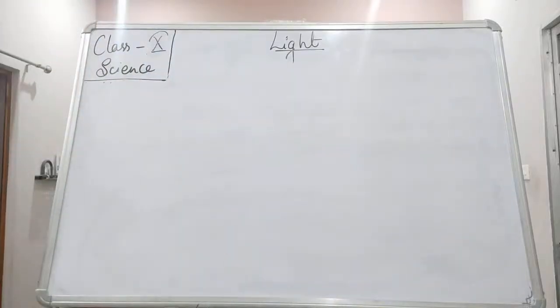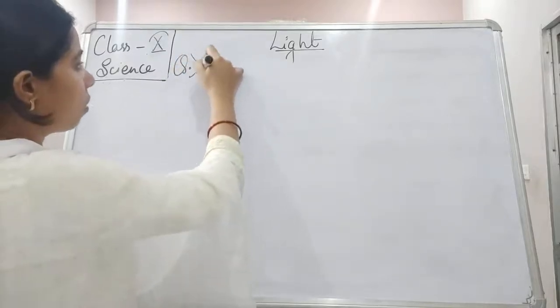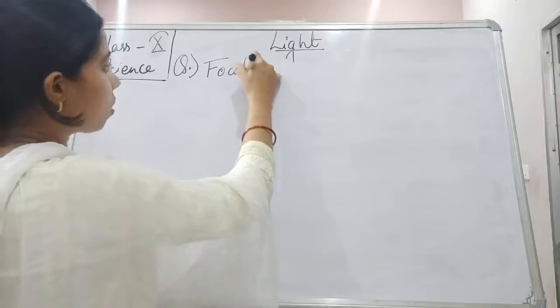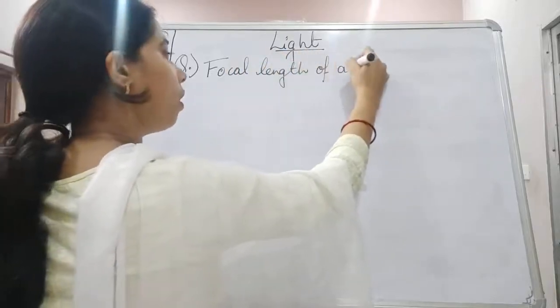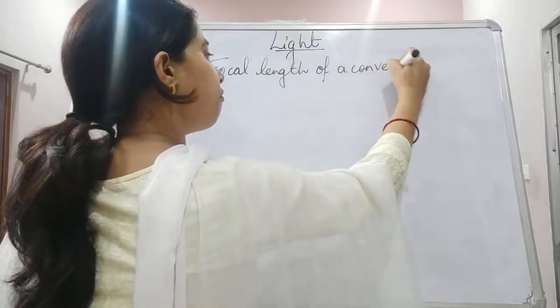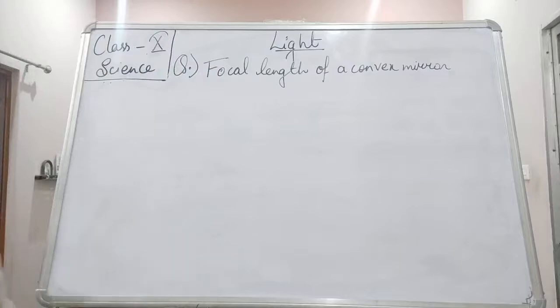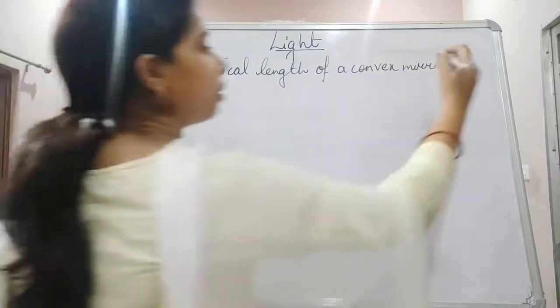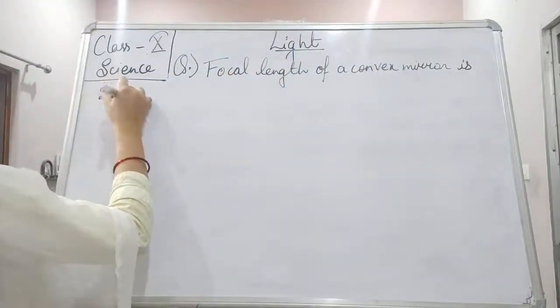So, the question is: focal length of a convex mirror is 2 meter.